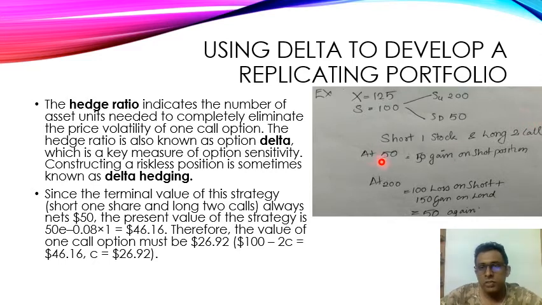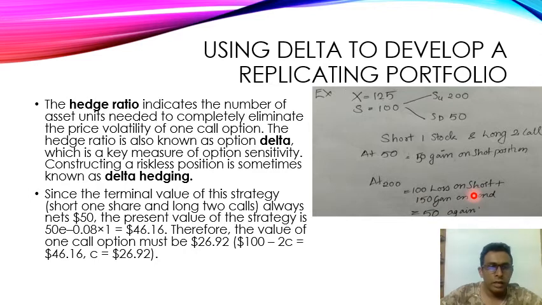So if it goes down to 50, the gain is only from the stock, because we have a long call option which we won't be exercising. We have already shorted one stock which was trading at 100, so we'll gain 50. If it goes up to 200, we will be losing 100 because we are in a short position in a stock, and we'll be gaining 150 from 2 long call options, since 200 minus 125 is 75, into 2 is 150. So the net gain will again be 50.